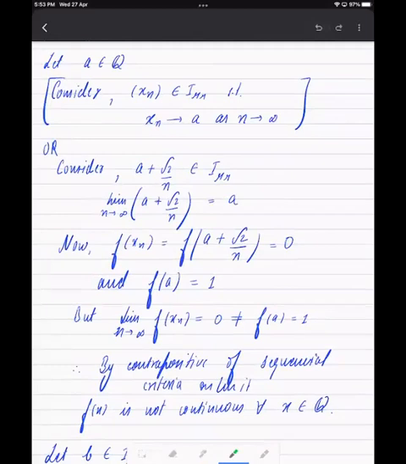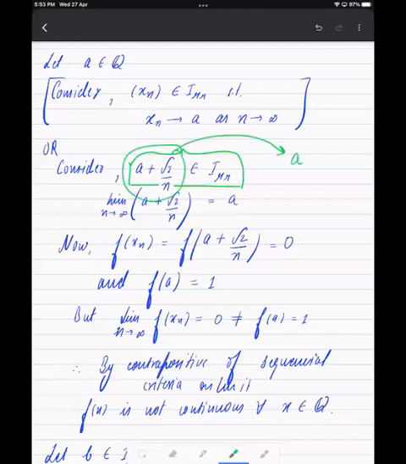Also, this is something that you can memorize. You may have to find this kind of sequence approaching a rational number. If they say any rational number, you have a sequence of irrational numbers converging to that rational number. We've done something like this in the past.